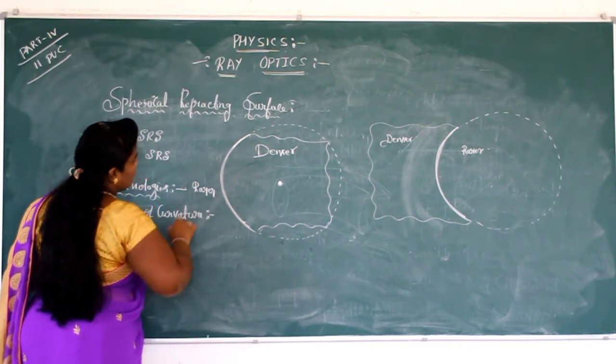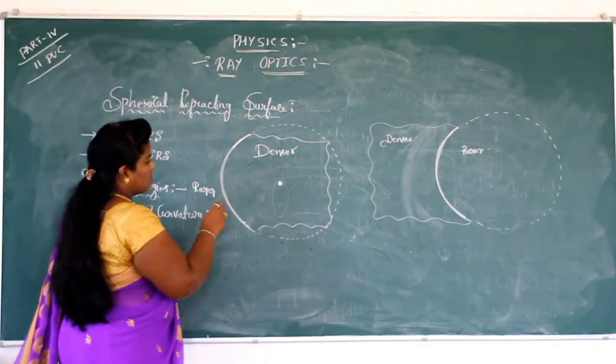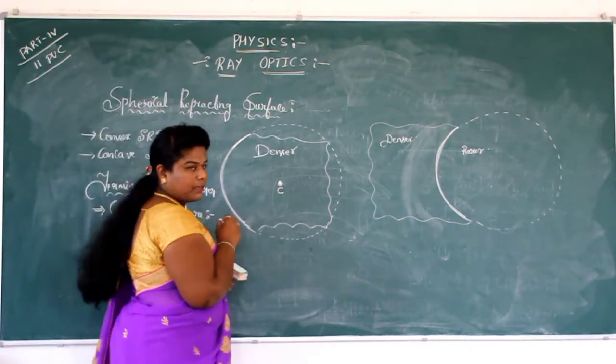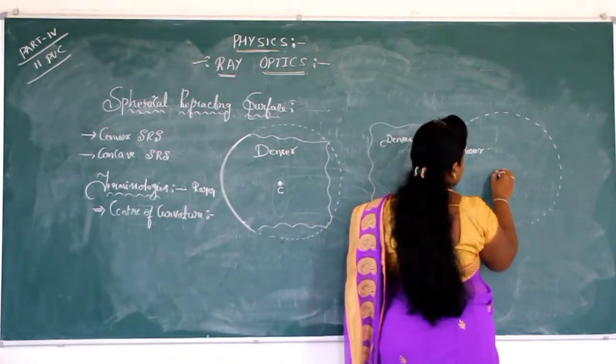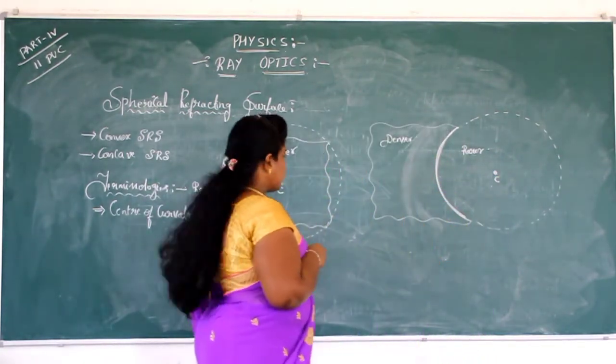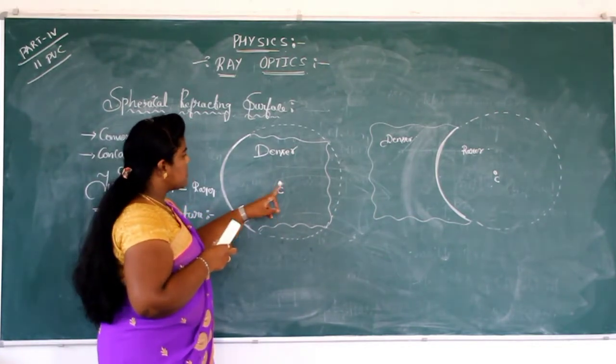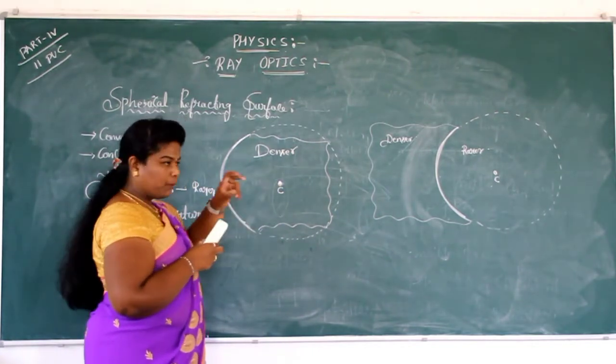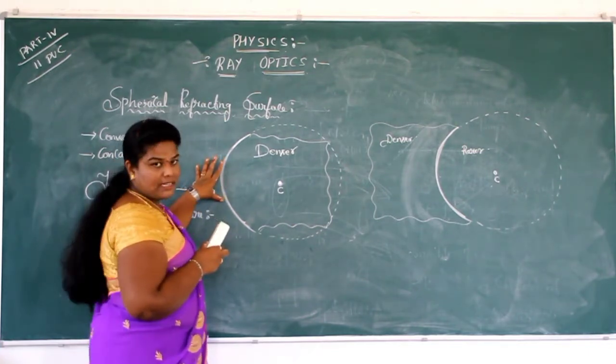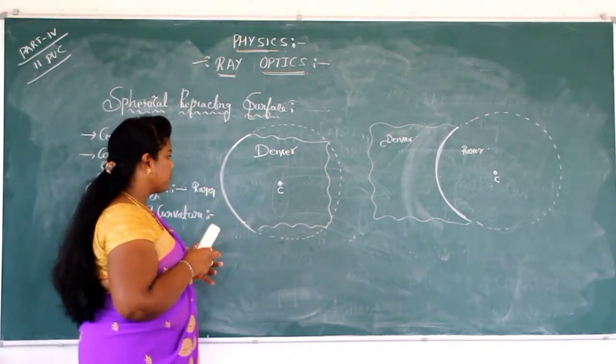Let us define what center of curvature is. You can observe here, students, this is the center of a sphere, whereas here it is also the center of a sphere. The center of curvature is the center of the sphere of which the spherical refracting surface forms a part. Why?